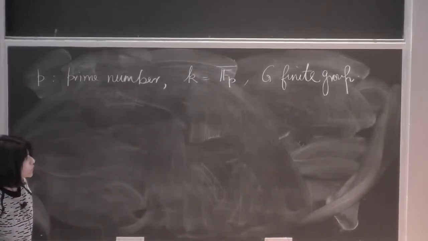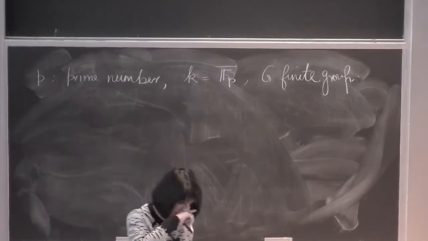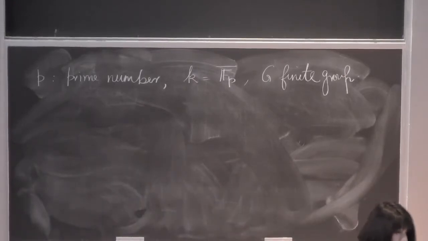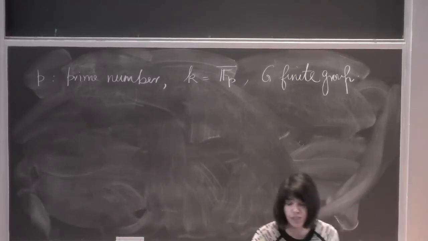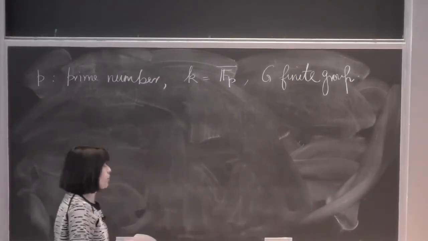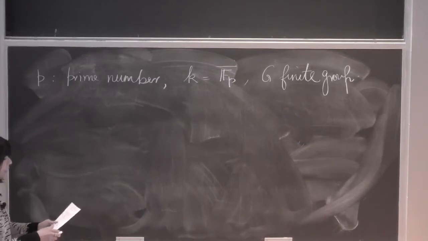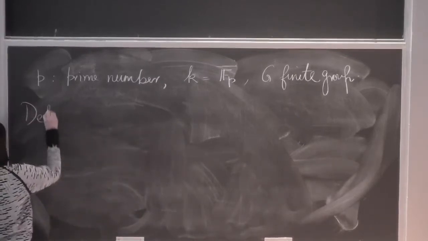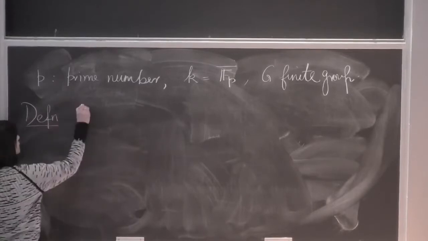Okay, and because I want to exhibit two local-global phenomena, I'm going to take a slightly more general point of view, not just blocks, but I want to work in the setting of G-algebras. Okay, so let me just remind you, what is a G-algebra?